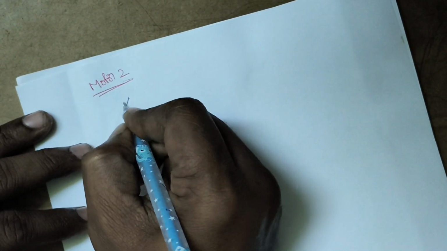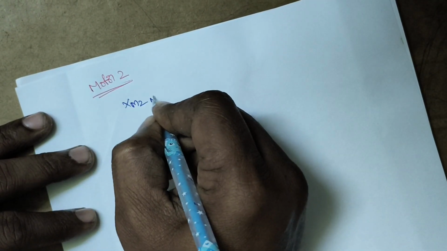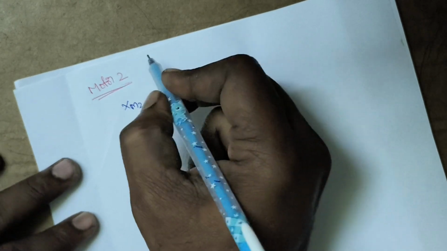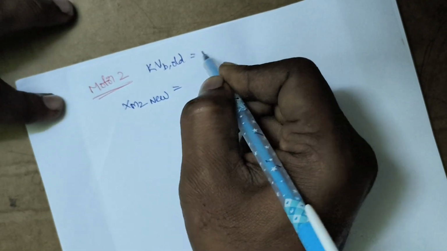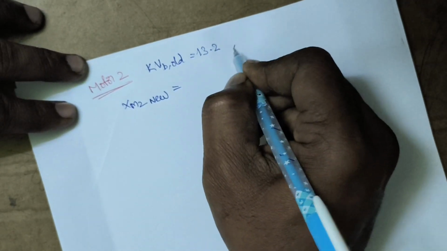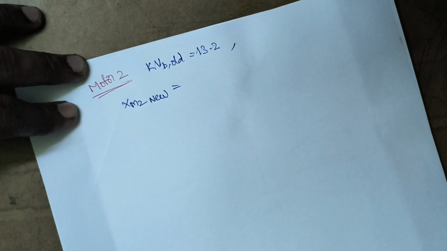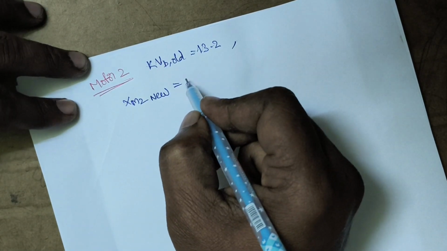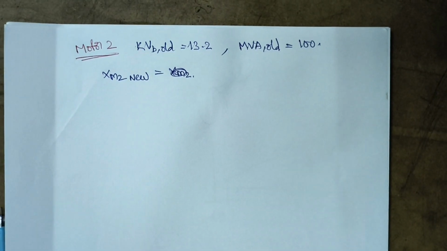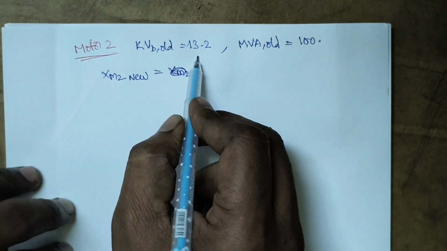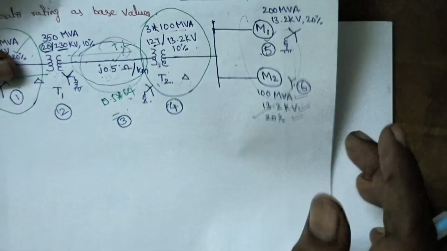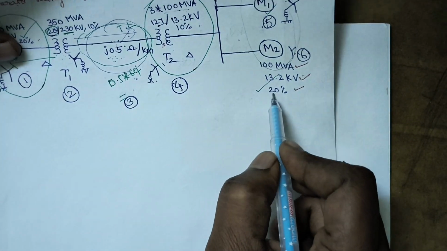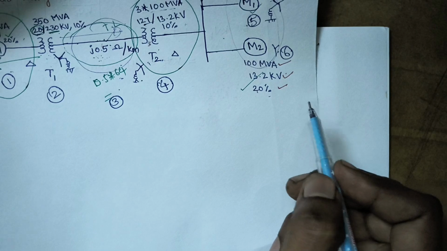So hence XM2 new is equal to X. Here KVB old is 13.2 only, MVAB old is 100, and he has given XM2 old as 20%, in the sense 0.2.